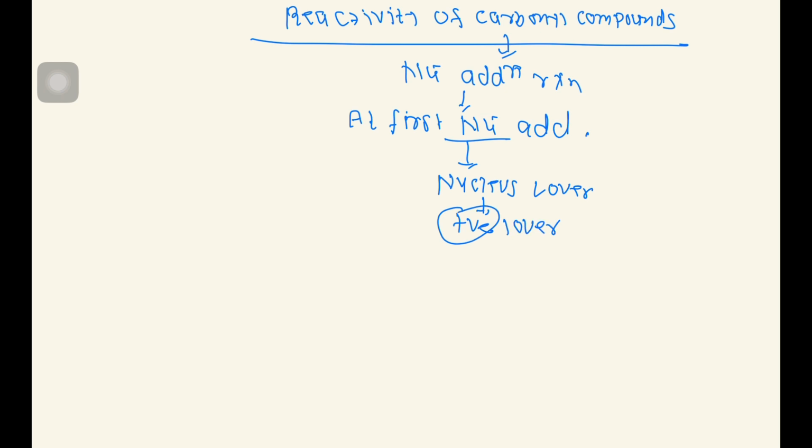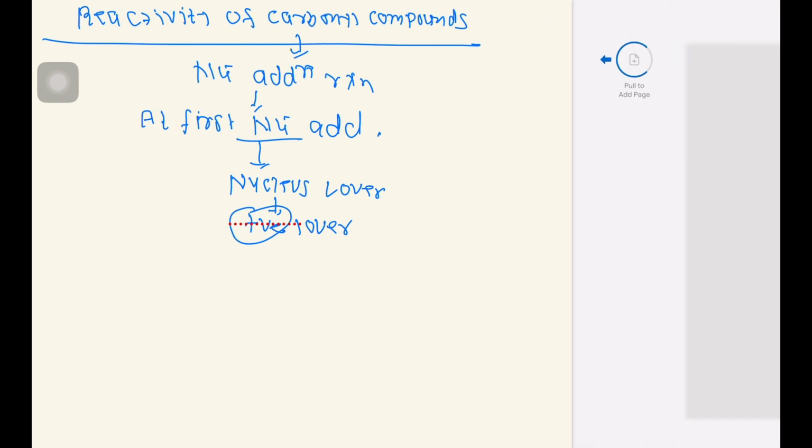So here reactivity of carbonyl compounds, you can see, if I write here A, CH3C double bond OH, and B writing CH3C double bond O CH3.